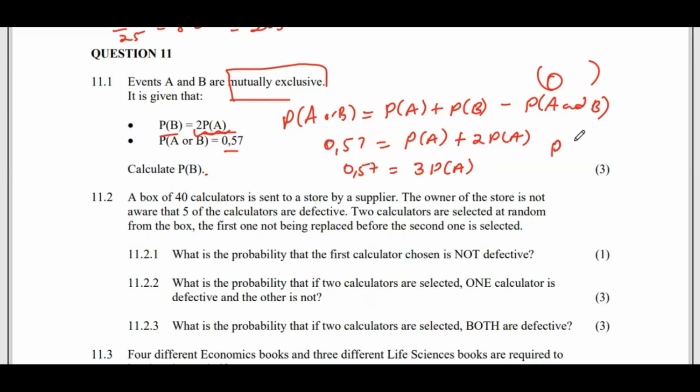So if we find A, it is 0.57 divided by 3, which gives me 0.19. Then we substitute this to get B, which is 2 times 0.19, and that must give us 0.38.